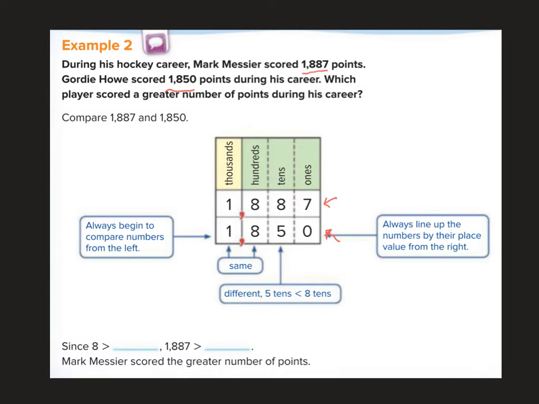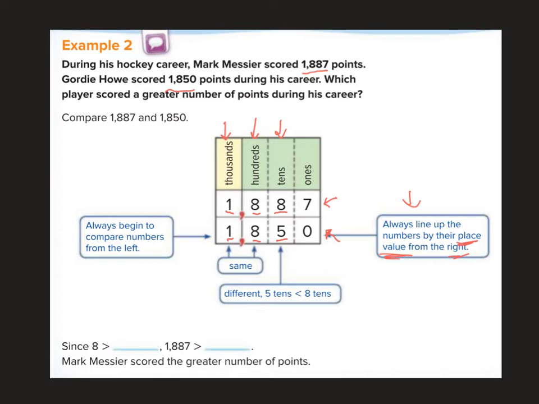So if we start on the left, compare our thousands. We both have 1,000. Go to the right to the hundreds. Both have 8s. Okay, let's keep going to the tens place. Here we have an 8 and a 5. I really like this tip here too. Always line up the numbers by their place value from the right.